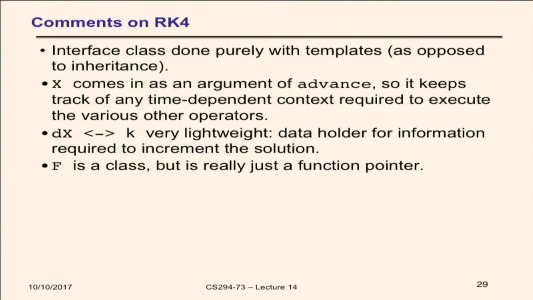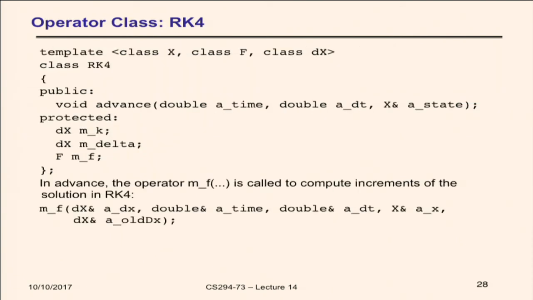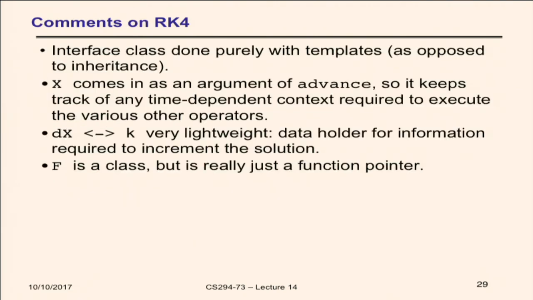We could have done this with inheritance, but in fact we can do it with templates because the thing that we might have used to derive, which may have been f, all of these things could have been defined in the derived class. We don't have to define them, and in fact we don't want to define them in the derived class. We can do everything with templates, and therefore we do.